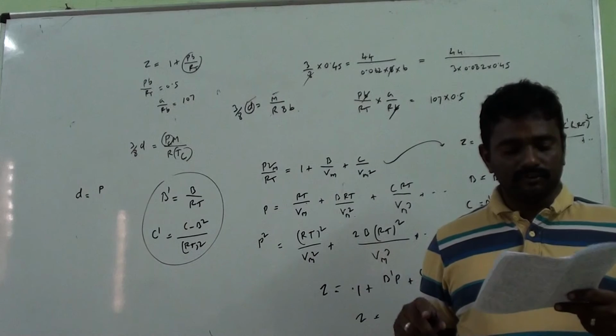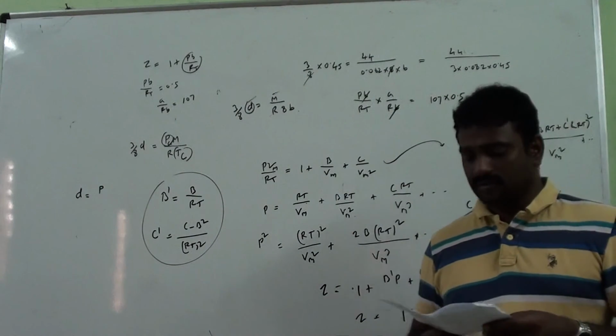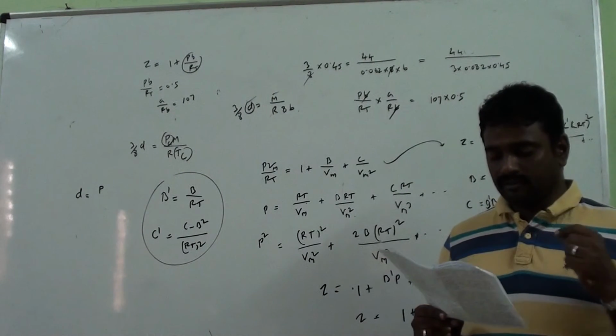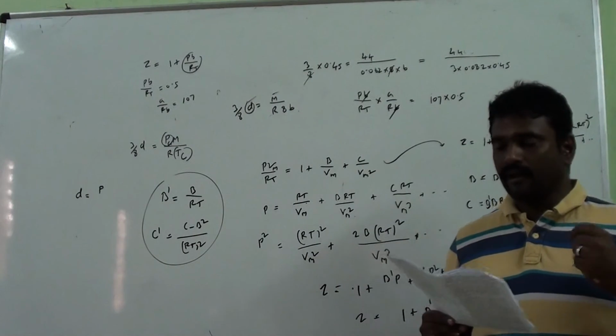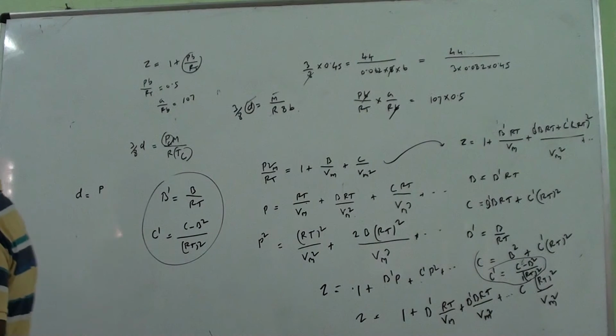So substitute B and calculate A. P plus A by V square equals... Sir, the units have to be changed, centimeter cube to liters. Take the root, then divide by 1000.